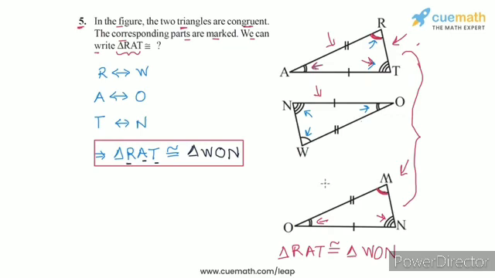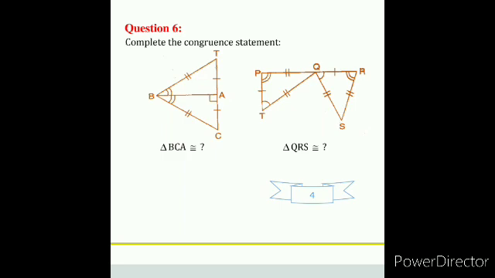So this reorientation in your mind is actually a very helpful trick, and as you go to higher grades and do more congruence problems, you will see that this technique is quite helpful. Okay, so this completes question number 5. Next, sixth question, also same method. Complete the congruent statement.